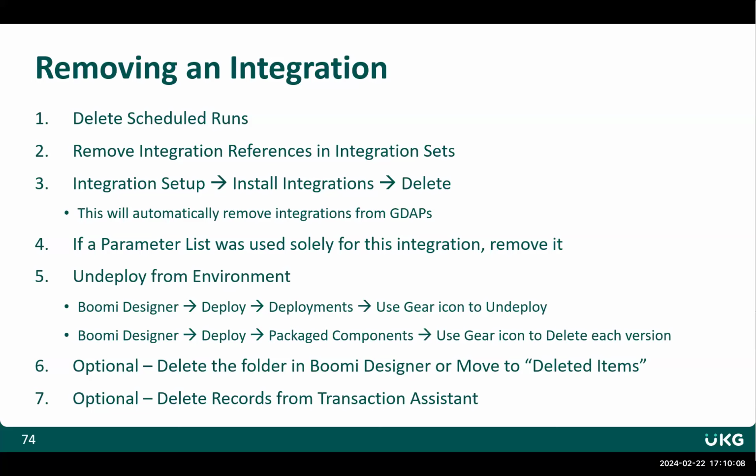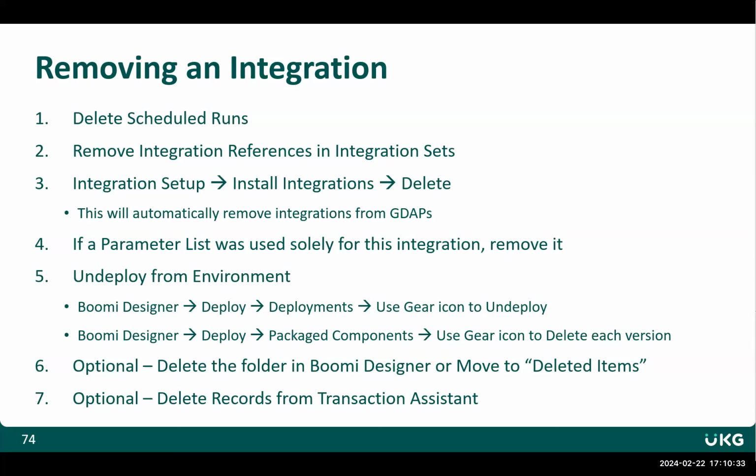And all those packages are retained because that's how we facilitate rollbacks. So if you screw up version 17, you can always just redeploy version 16. But all those individual packages, if you don't need those anymore, those can be deleted. But you'll still have your source code in the build folder.